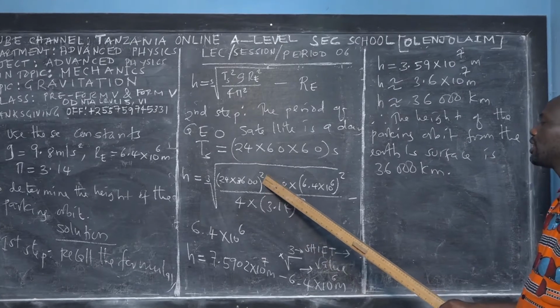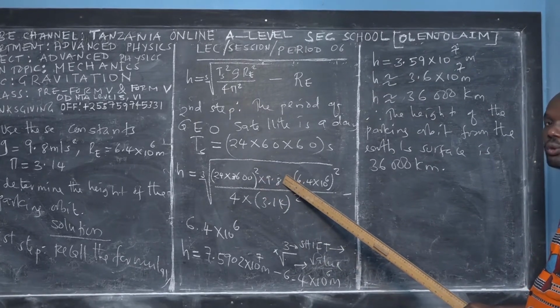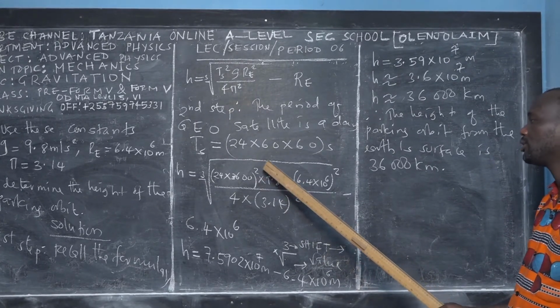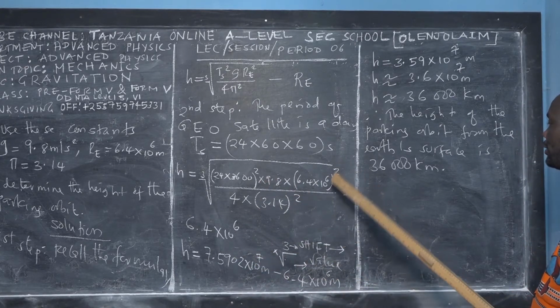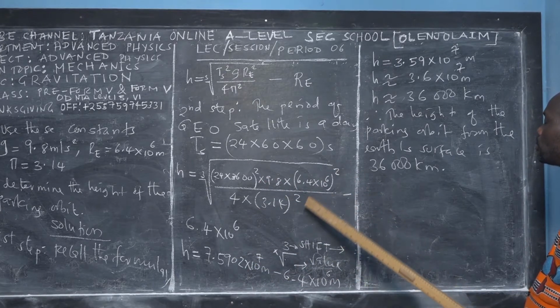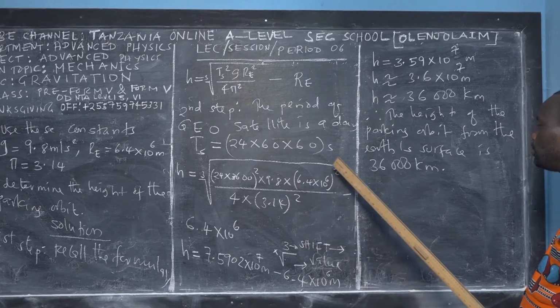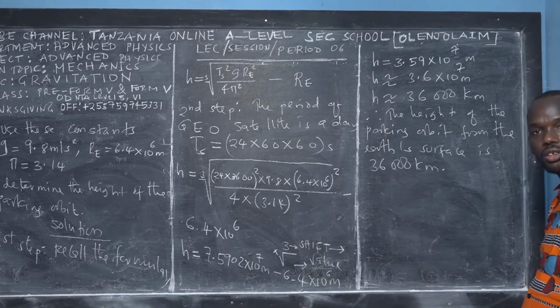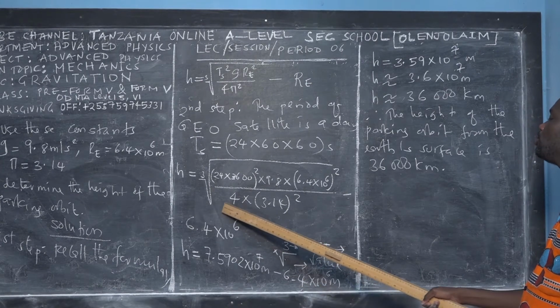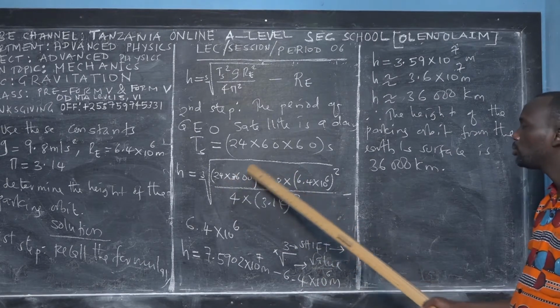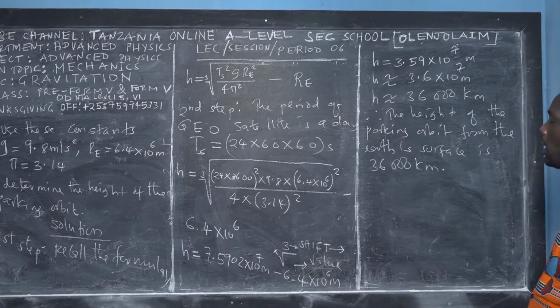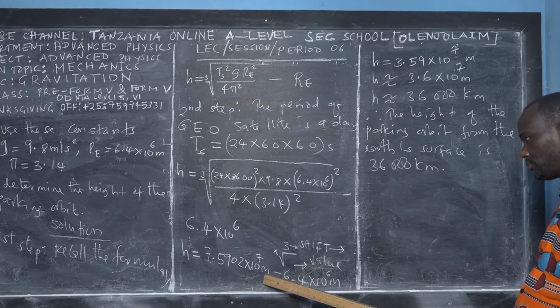Remember that this is second squared and this is meter per second squared, so per second squared cancels with second squared. And then here we have meter squared, so meter times meter squared is meter cubed. In the denominator we don't have any unit. So the cube root of meter cubed will be meter.